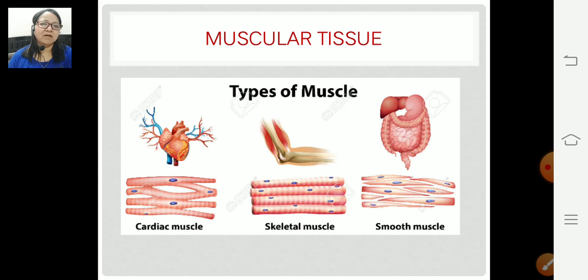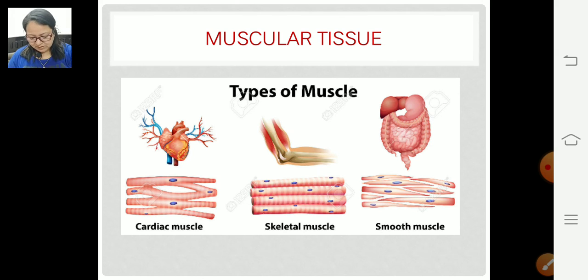They do not have any light and dark bands. That's why they are also called non-striated muscles. They are uninucleated. They cannot be controlled by our will. That's why they are called involuntary muscles. They are present in visceral organs and not attached to any skeletal system. That's why they are called smooth muscles.